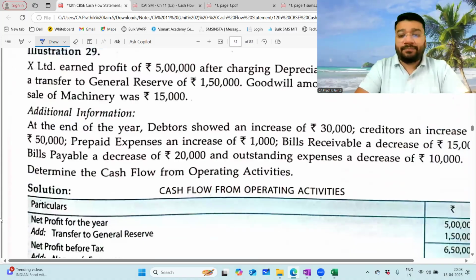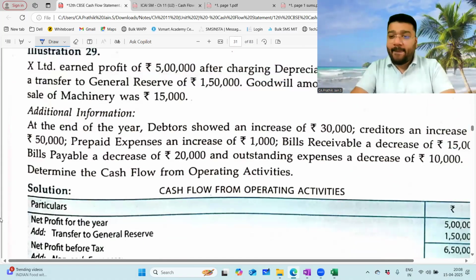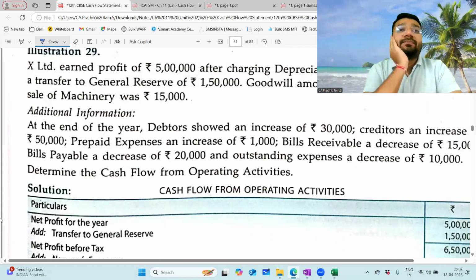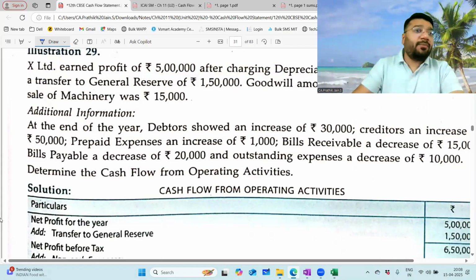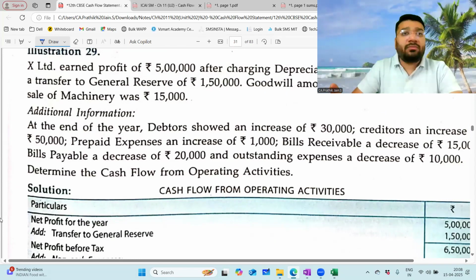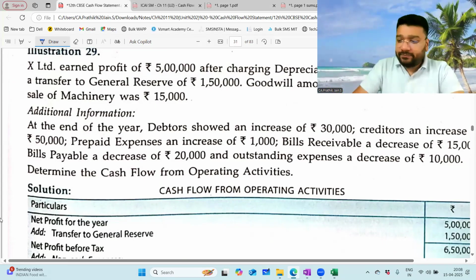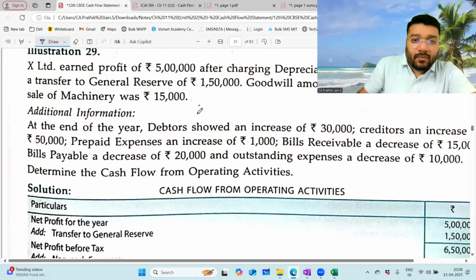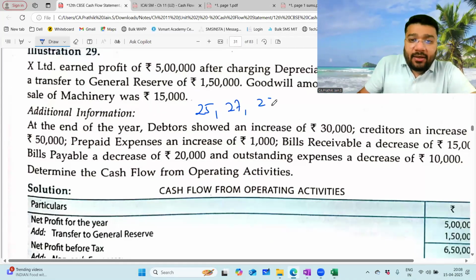Any problem? You want me to repeat one more time? Homework questions are 25, 27, 29, 30, 31. Take 34 also. Don't do it now, do it later, but put it as homework. So 25, 27, 29, 30, 31, 34.